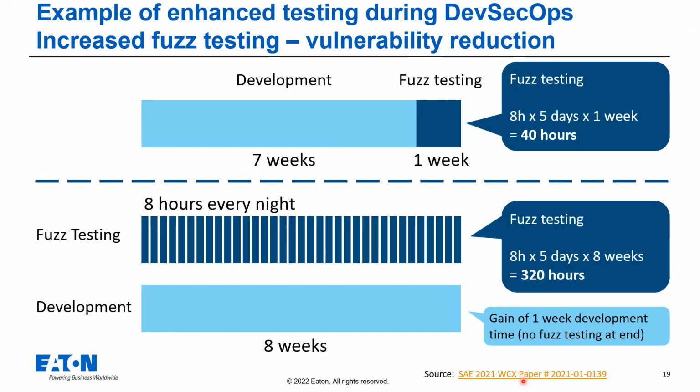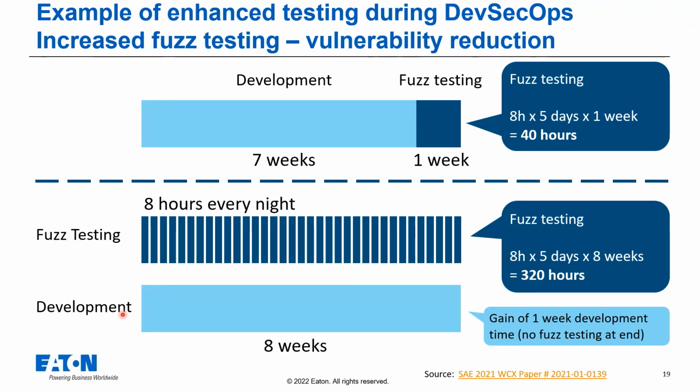So as far as DevSecOps, talking about that shifting left philosophy of doing things earlier, normally you would do fuzz testing at the end. You would do your development, maybe in an 8-week cycle. Then at the end, maybe you would do 5 days of fuzz testing, 8 hours a day, because you only had a week for testing. Well, now that you're doing DevSecOps, perhaps you're working 2 out of 3 shifts. This region of the world is developing code.